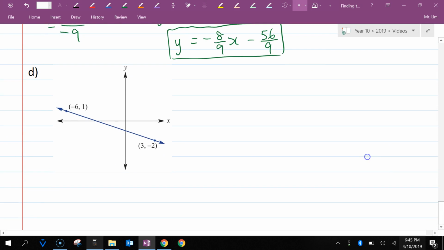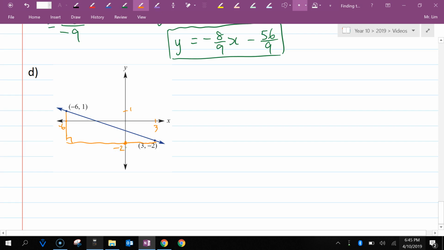Okay, question D. Now this one, you've got 2 points. I like to draw my right angle triangle, so you can just find the gradient by using rise over run here. We know that this is minus 6, and that's 1. We know that this is 3, and this is minus 2.